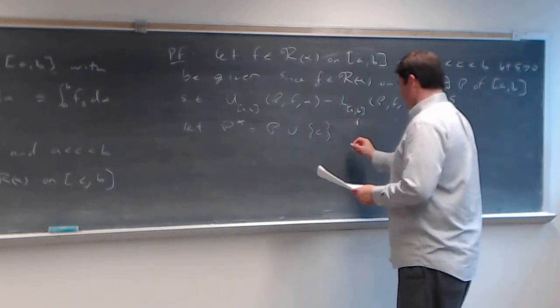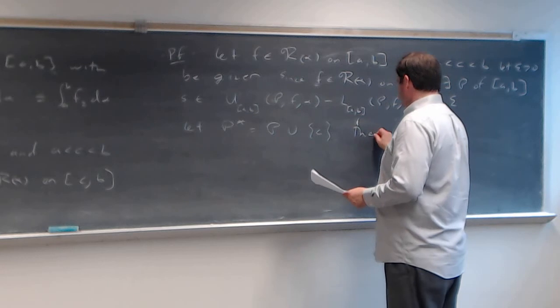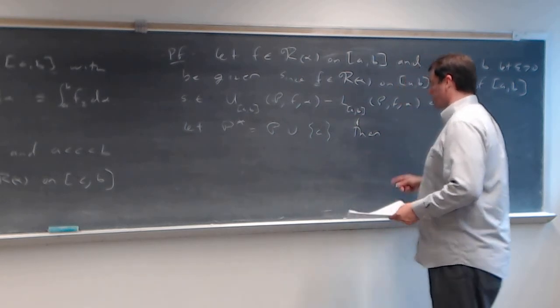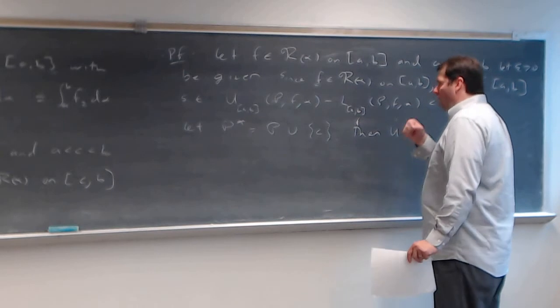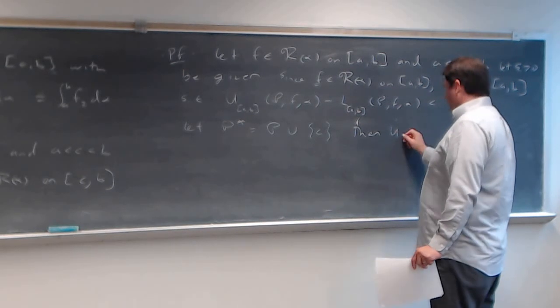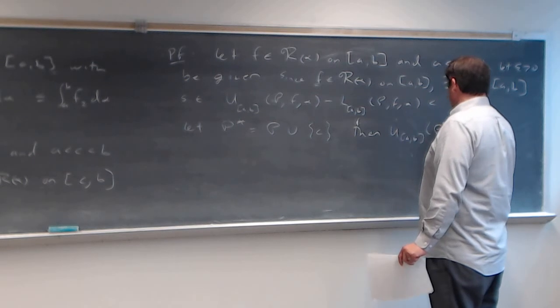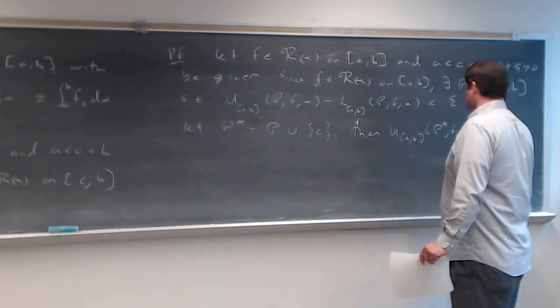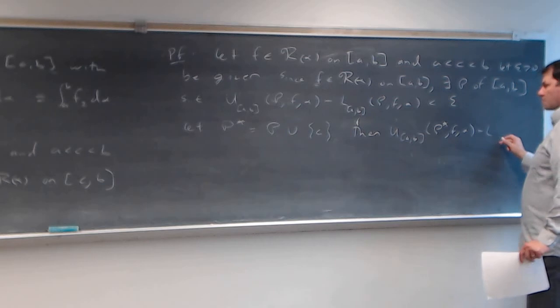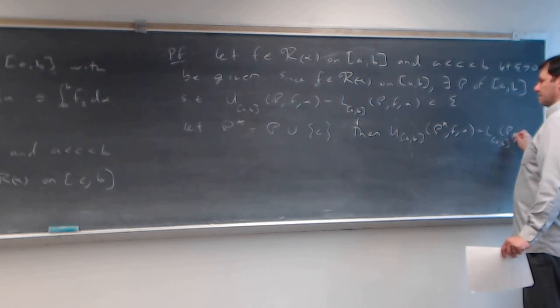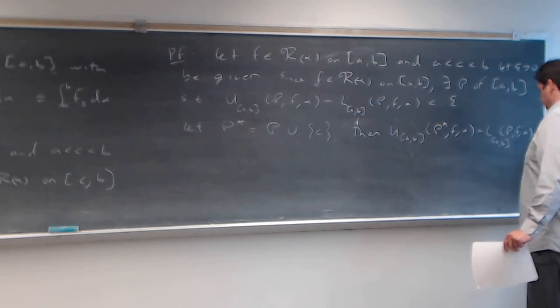And then, because of what we proved about refinements in terms of upper and lower sums, we're going to have this upper sum with this refinement, U(P star, f, alpha), minus this lower sum L(P star, f, alpha), that's going to be less than epsilon.